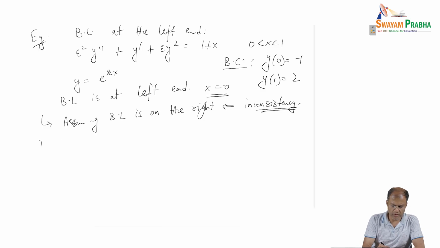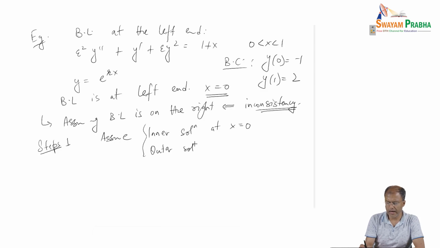So again the steps here will involve that we are going to assume an inner solution at x equal to 0, and we will assume an outer solution at x equal to 1, which is on the right hand.